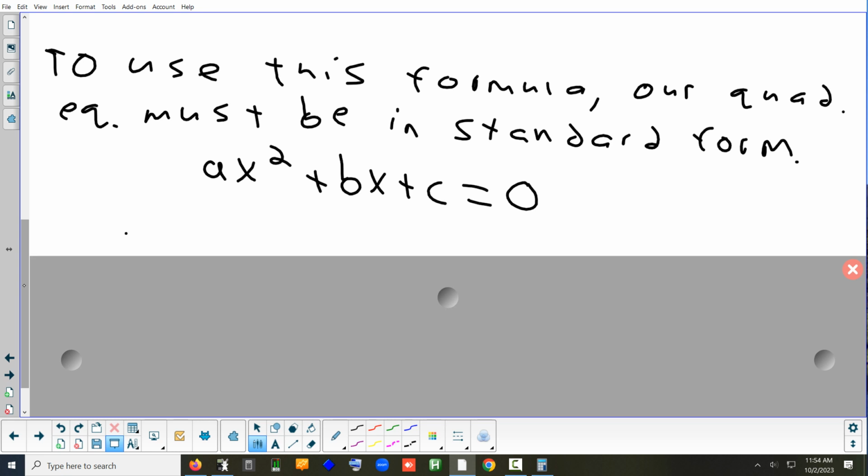When you do the quadratic formula, usually you end up with an answer like 3 plus or minus square root of 5, over 2. That's how you get the two answers: plus or minus.